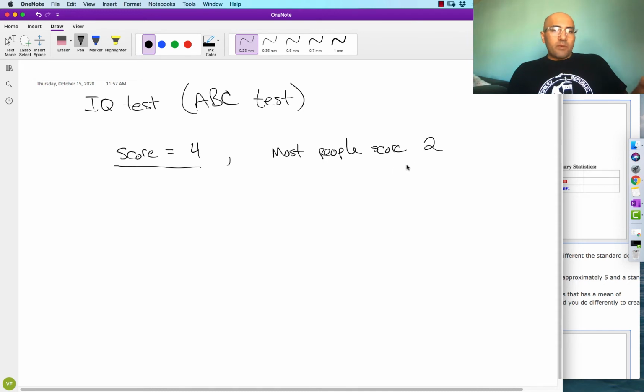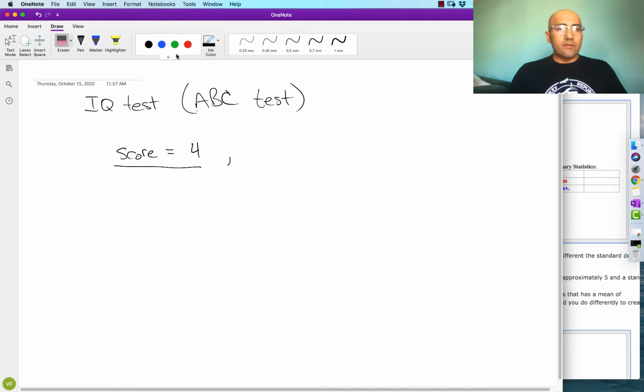Well, most people score 2, and I scored a 4, so that gives me a little more information. Looks like I did pretty good. I did better than most people, higher than most people. But we want to be more precise in statistics. We can do better than just simply saying most people did this or most people did that.